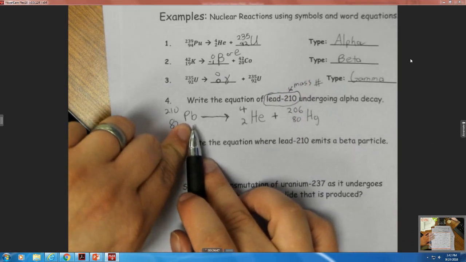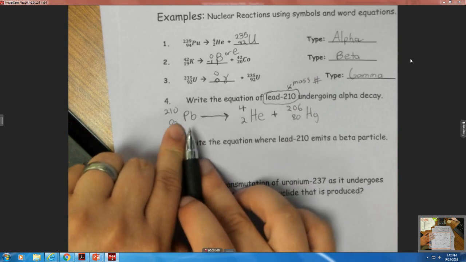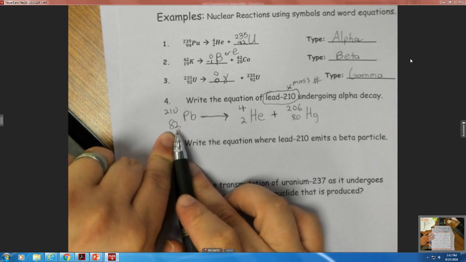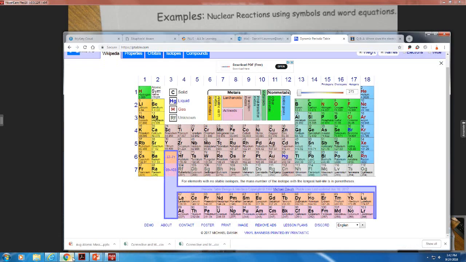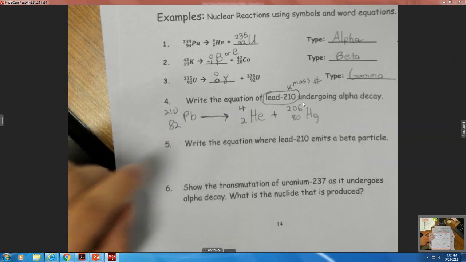Whenever you have an element that undergoes alpha decay, it always just moves down the periodic table by 2. So we started out with lead, and we went to mercury. See, we went down by 2 elements, right? If mercury did another alpha decay, then you would get platinum. If platinum did an alpha decay, you get osmium, but you always move down by 2 elements.